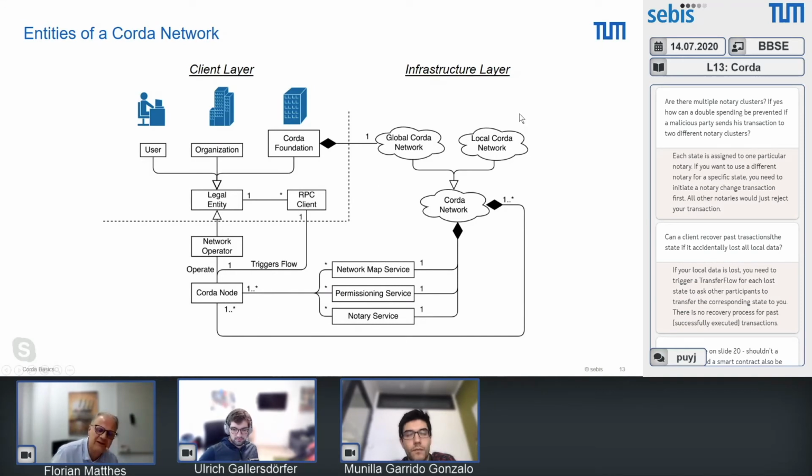And obviously these notary-spanning transactions require certain additional constraints. But I don't know exactly how this is working. Since they also mentioned it initially in the definition of transactions, I think this is the goal here, to allow cross-network transactions facilitated by the global Corda network.